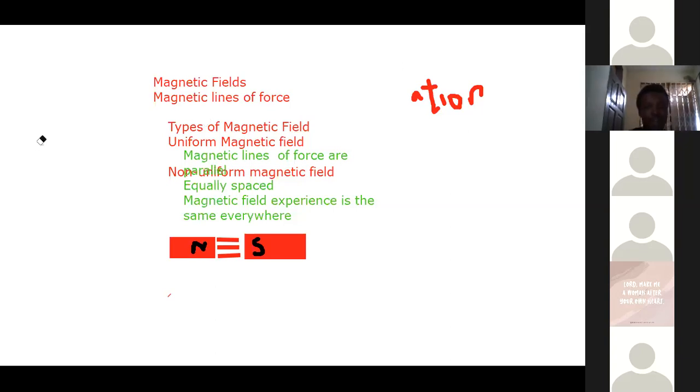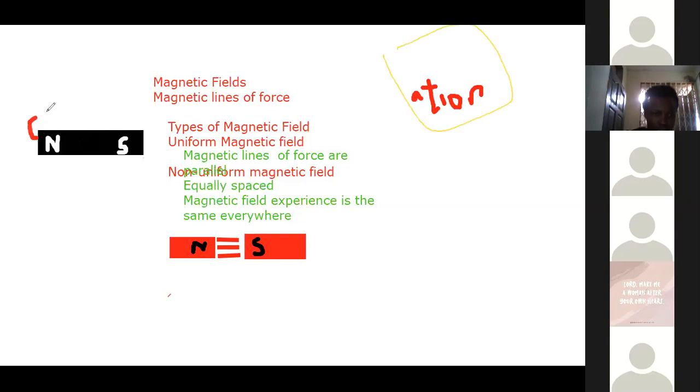For instance, if this is my bar magnet, here is my north and here is my south. The magnetic lines of force move from the north to the south around the bar magnet.